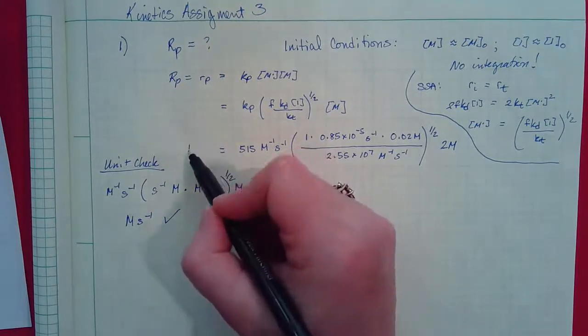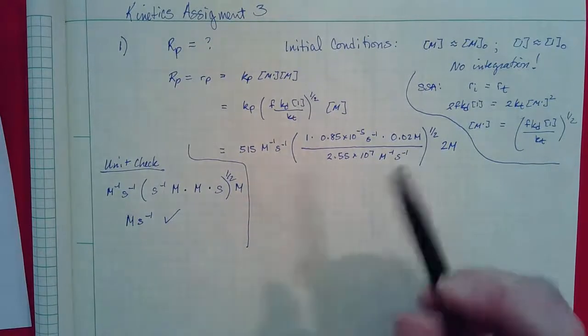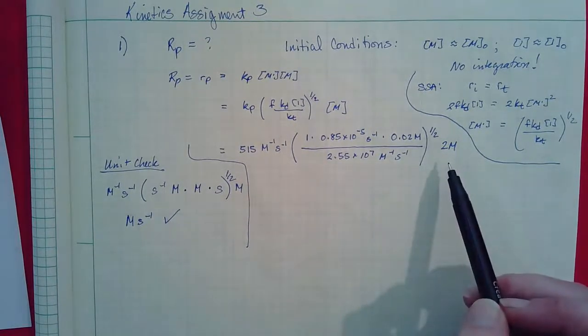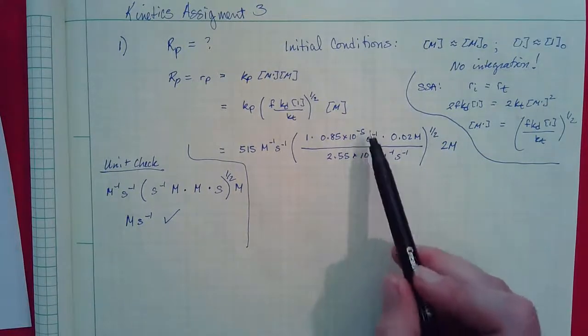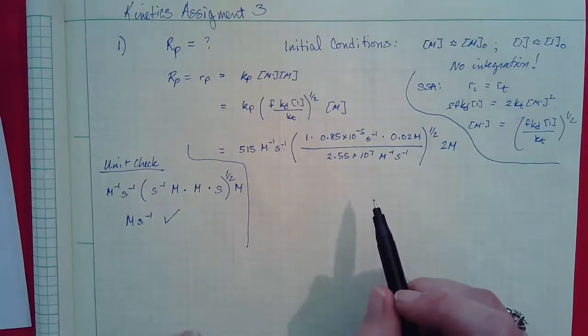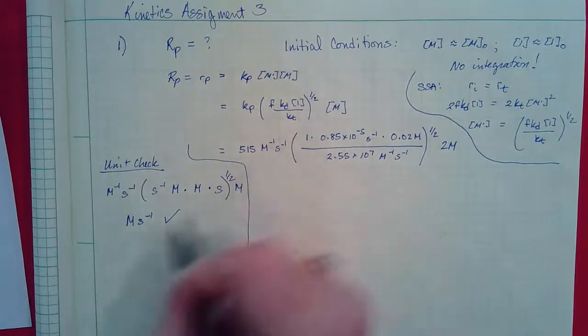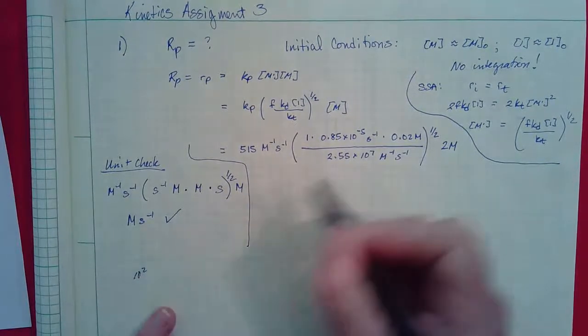The other thing, because this is complicated going into the calculator, I like to just do an order of magnitude check when I've got all these 10 to the minus 5, 10 to the 7th. So if I just do an order of magnitude check, that 515 is 10 squared.